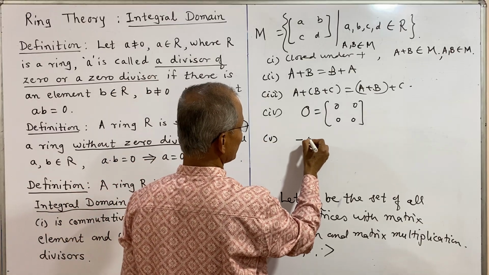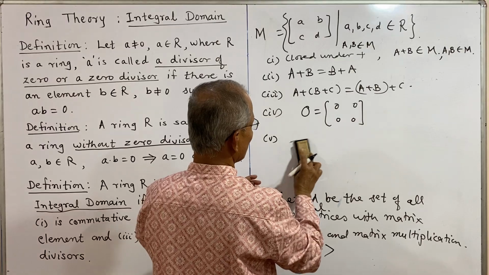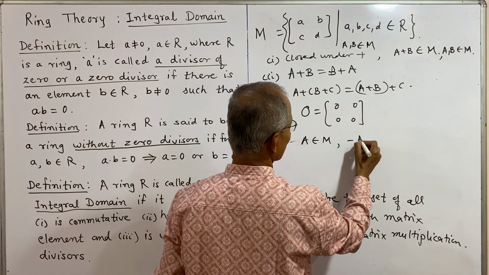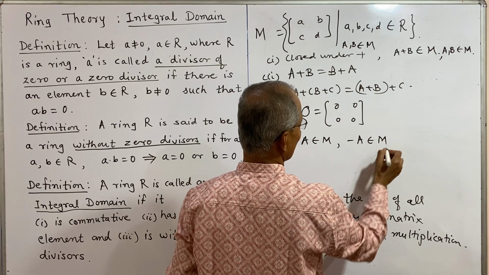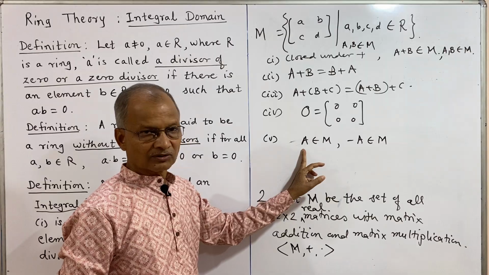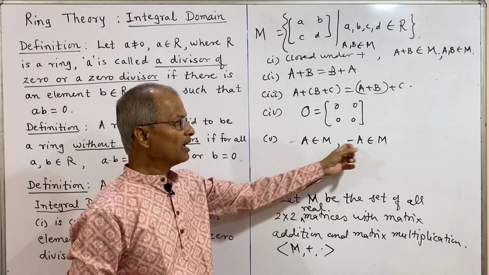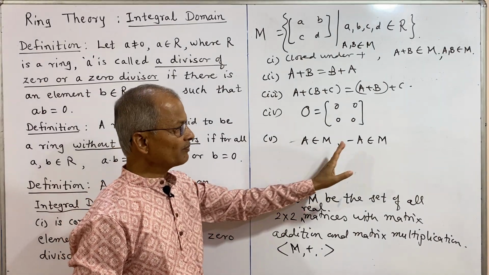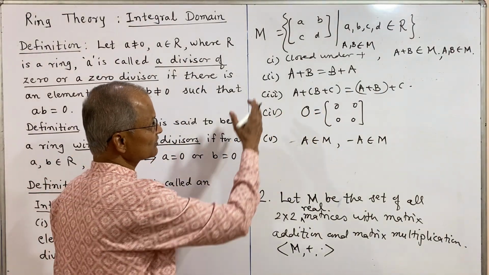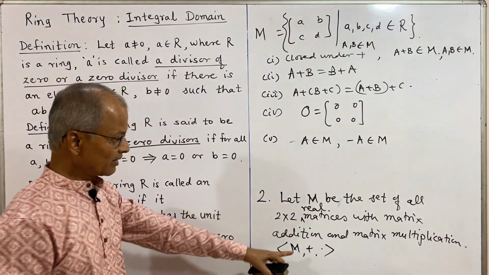For A belonging to M, minus A, the 2 by 2 matrix whose elements are the negatives of the elements of A, also belongs to M. This is the additive inverse, because A plus minus A is equal to the zero matrix. So this forms an abelian group under addition.